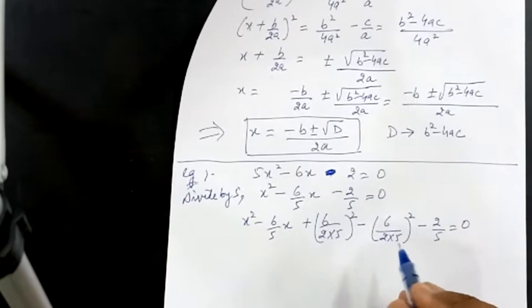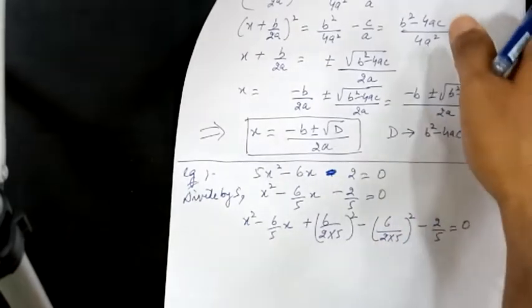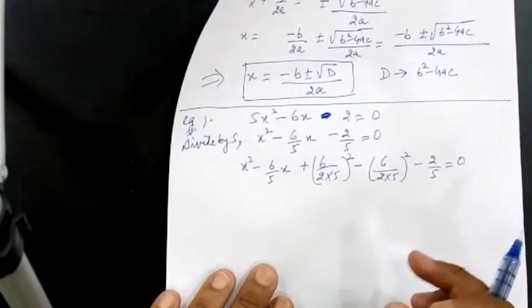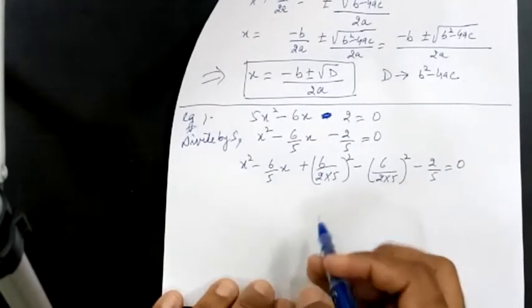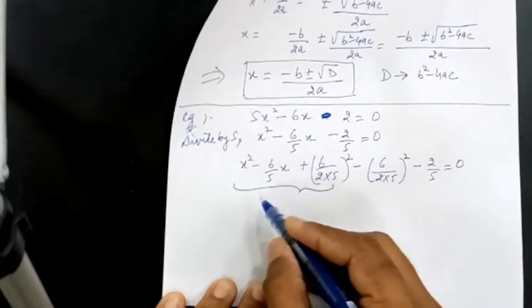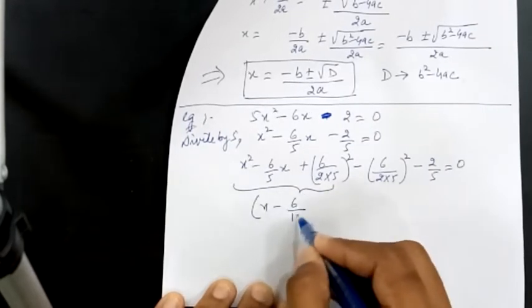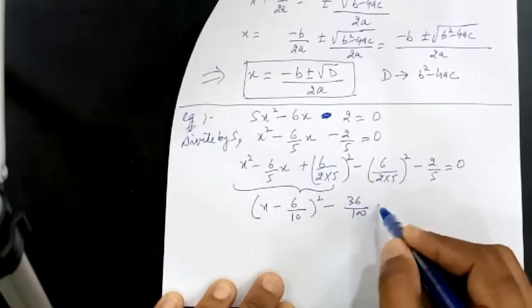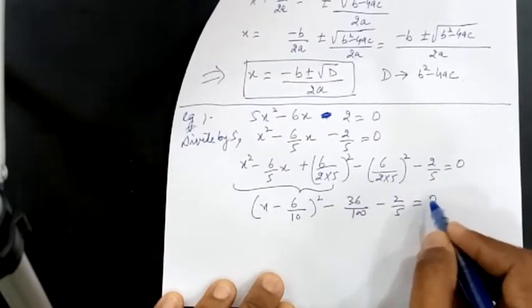You don't need to panic. Just follow the steps that I am teaching you here. Now just add these, and you will get (x minus 6 upon 10) whole square minus 36 upon 100 minus 2 upon 5 equal to 0.